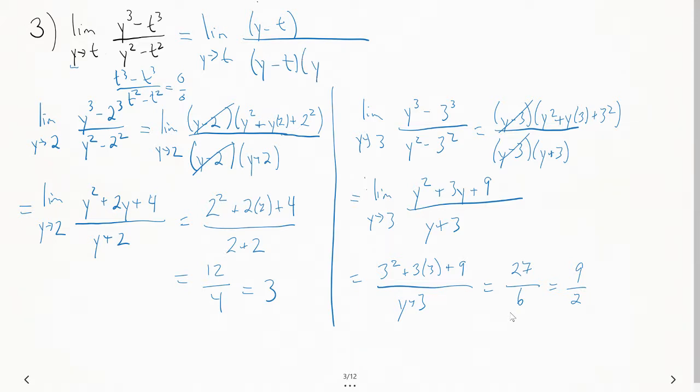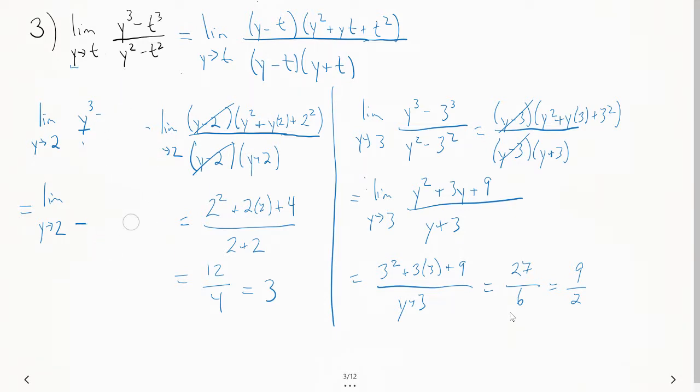Well, we get y minus t, it should be y plus t in the denominator, and then in the numerator we should have y squared plus y times t plus t squared. So now we have a factor. Now I'm going to erase this stuff down below, and then I'll actually show you the usefulness of this.